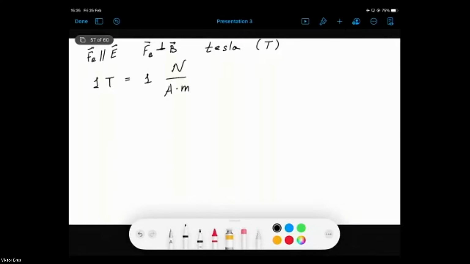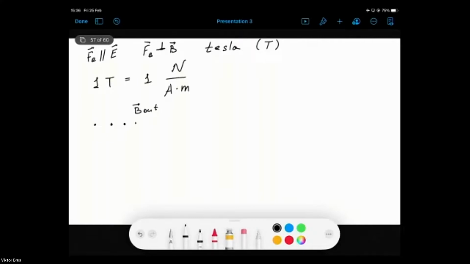Before we start, we need to define how we graphically show the orientation of magnetic field. And for this purpose, it is convenient to use such a rule. If we have a dot, these dots represent the fact that we have magnetic field lines coming out from the plane where we draw this.